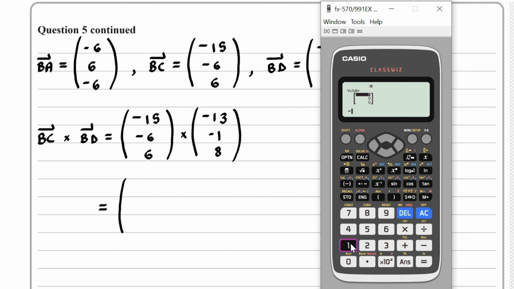So working this out, well, let's define these vectors. So what I can do is cross this with that vector, and what we will be left with is minus 42, 42, and minus 63. So that is BC crossed with BD.